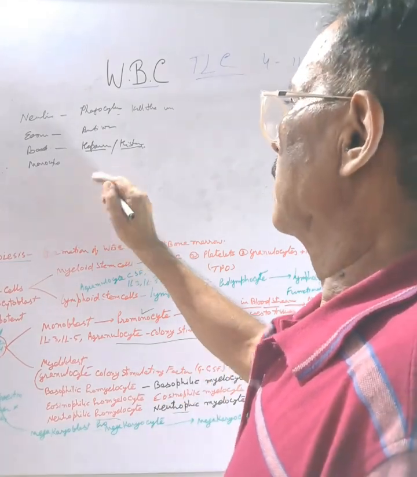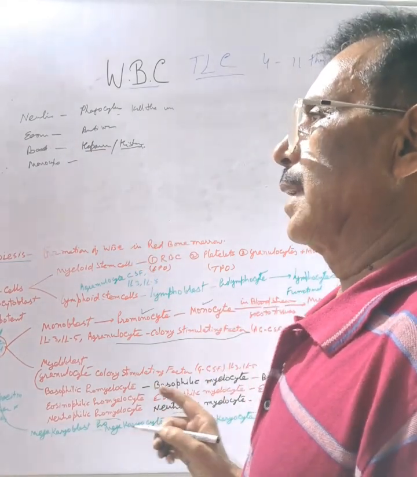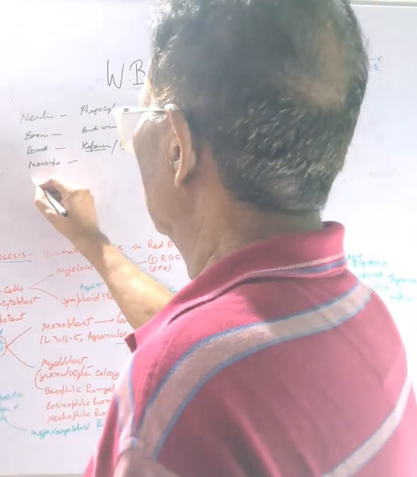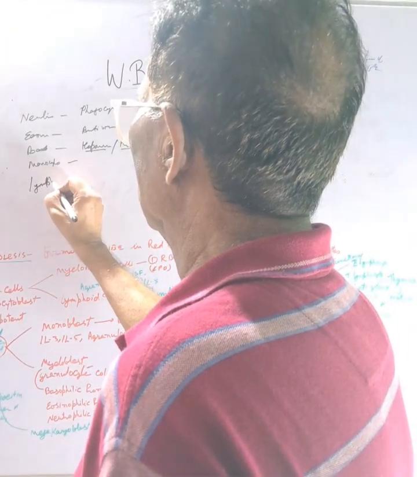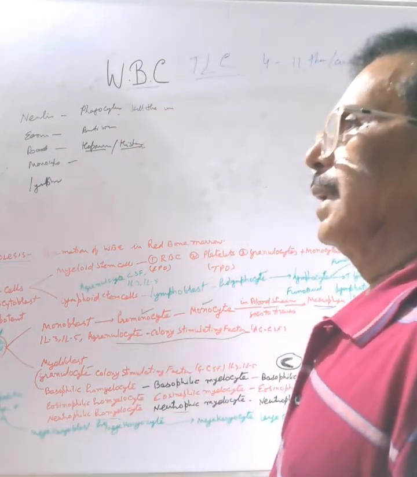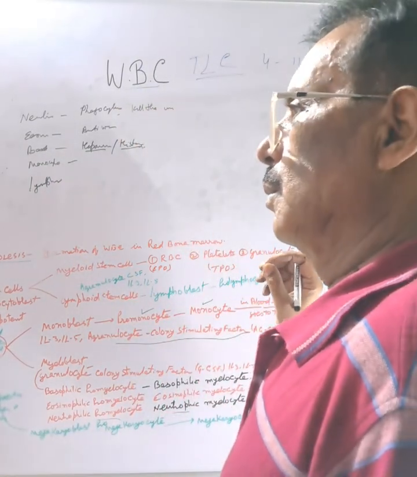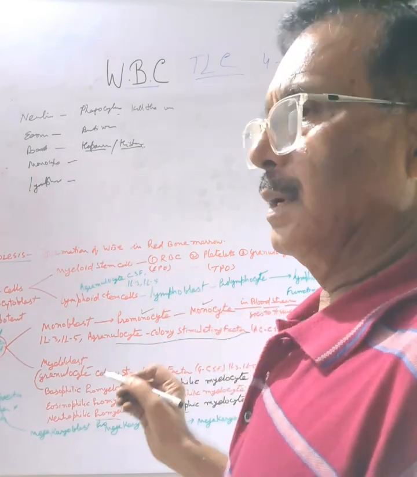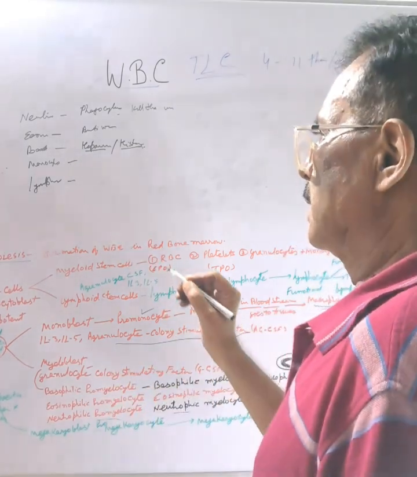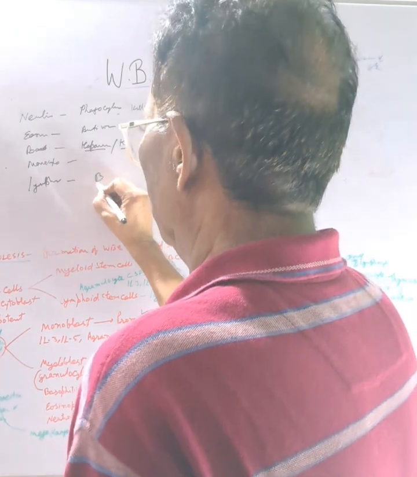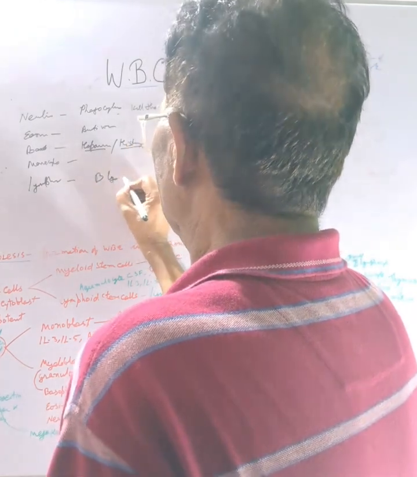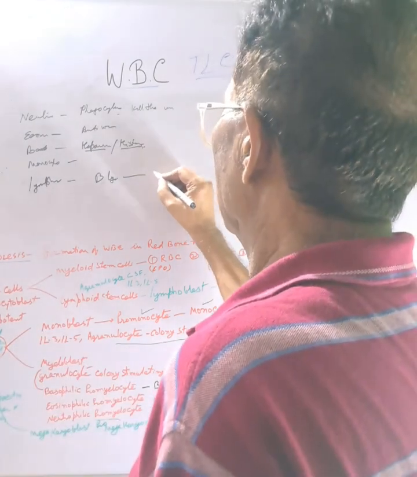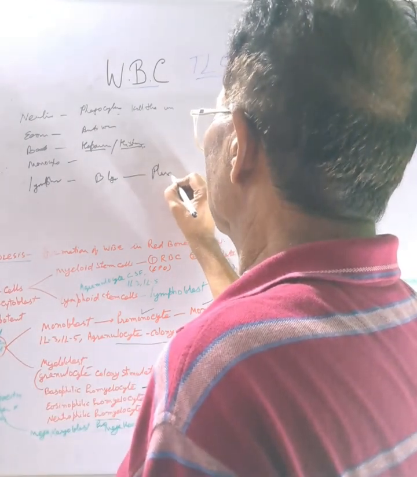Its function is phagocytic and antigen presenting cell. Now lymphocytes. Lymphocytes are involved in chronic infection and also in killing bacteria. Two types of cells are there: T cells and B cells. B lymphocyte, due to stimulation by antigen, is transformed into plasma cells.